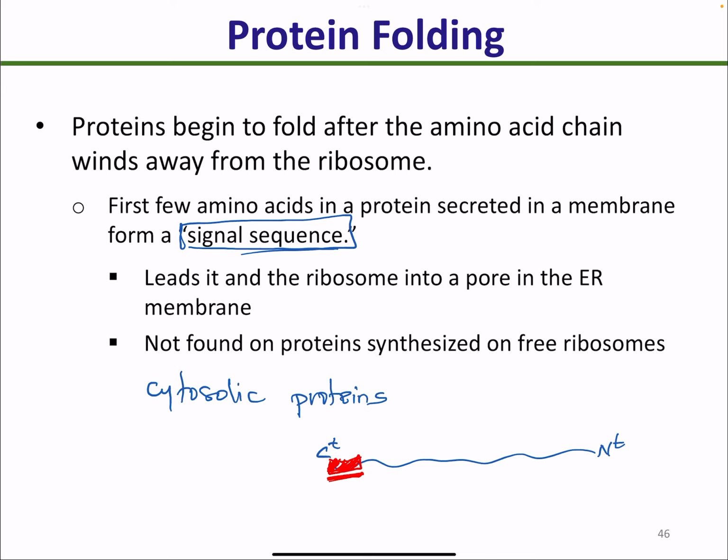That somewhere can be the plasma membrane. You have some proteins that are embedded in the plasma membrane, like this, right? These are transmembrane proteins. These proteins necessarily carry a signal sequence.